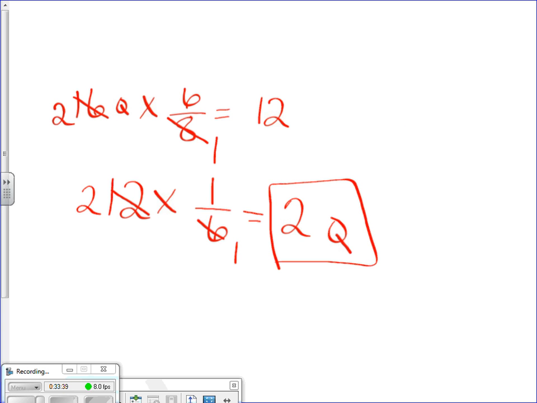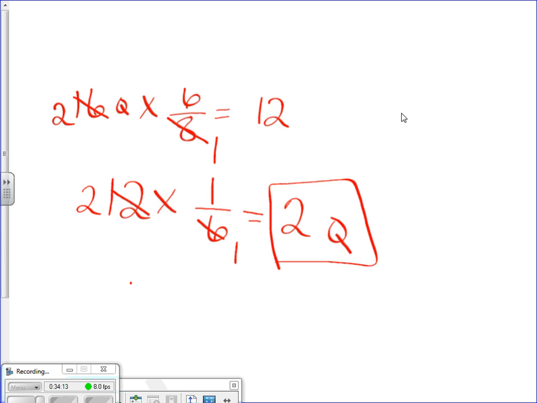She had 16 quarts. She used 6/8 of it. She had 12 quarts left. When she had 12 quarts, she used a 1/6 of it, and she had 2 quarts. So as she's using it, is she still having 16 quarts? No. As she's using it, she's running out. You following what I did?